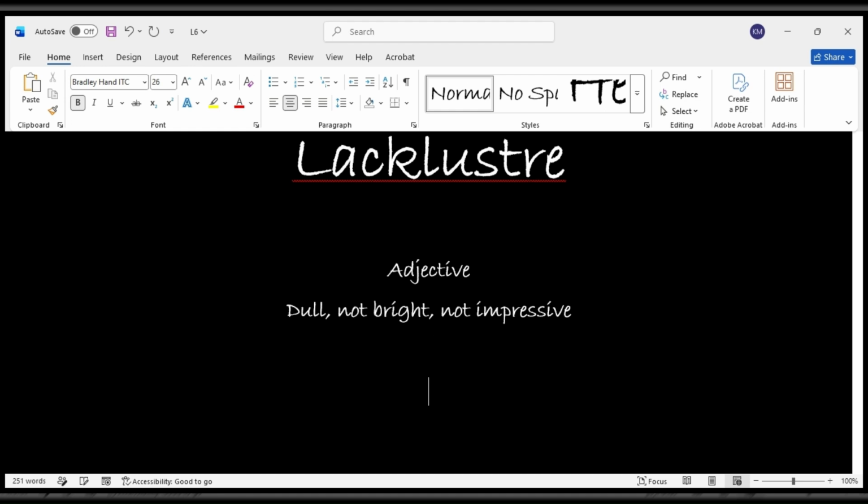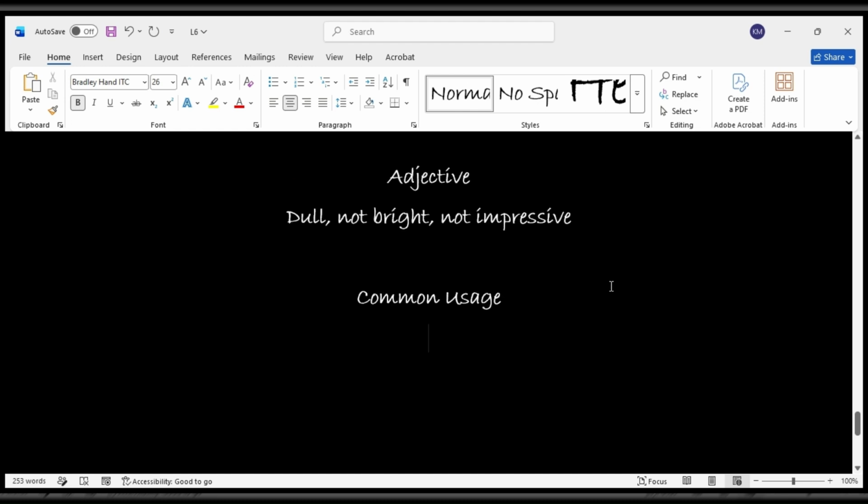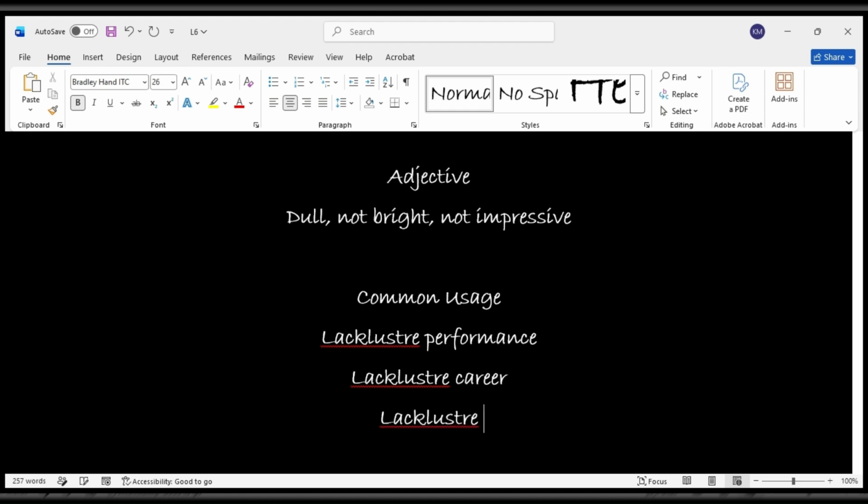In common usage, you can use it with nouns like lackluster performance, okay, like lackluster appearance or career, lackluster response, etc. You can use this with nouns.